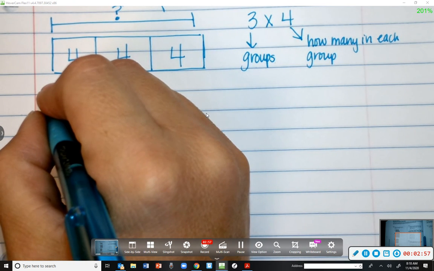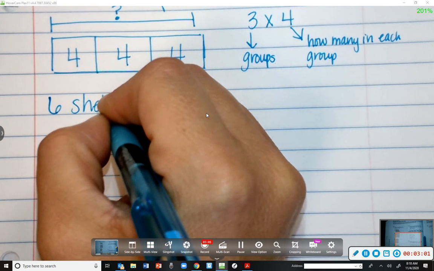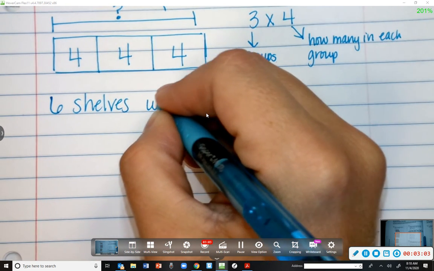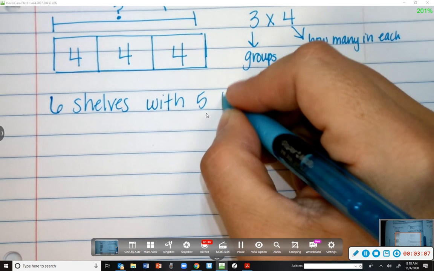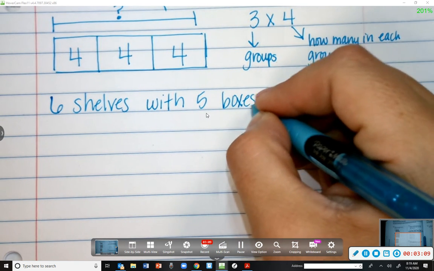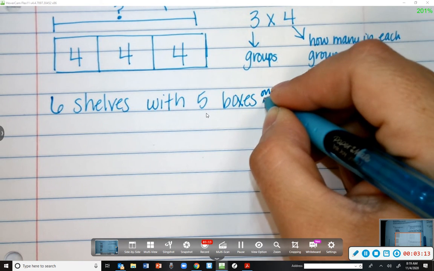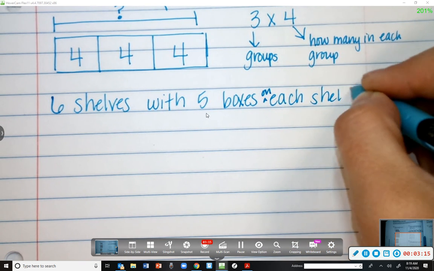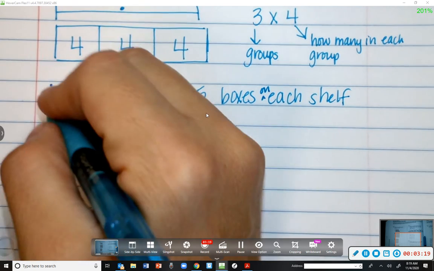Okay. 6 shelves with 5 boxes on each shelf. How many boxes are there?